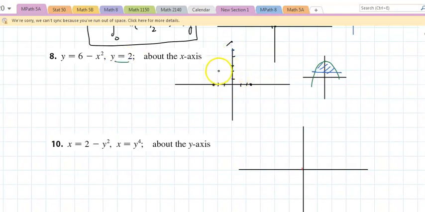At y equals 2, there's going to be a line. So instead of this continuing and crossing the x-axis, it's going to stop right there. We're talking about this region. This is the pre-image, the original, y equals 6 minus x squared. If I rotate this about the line y equals 2, you're going to create an image that looks just like this.